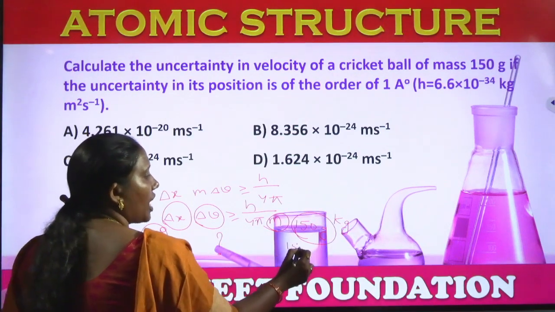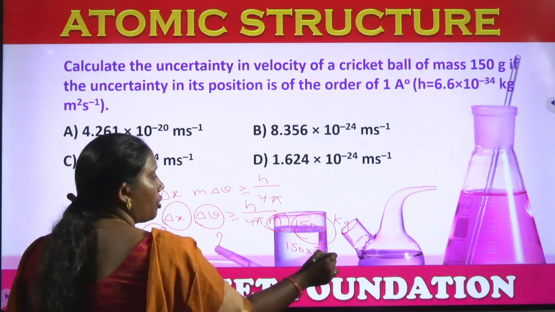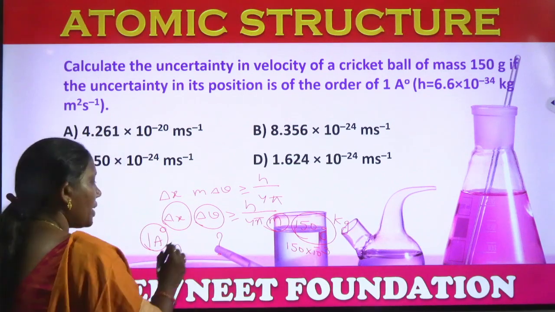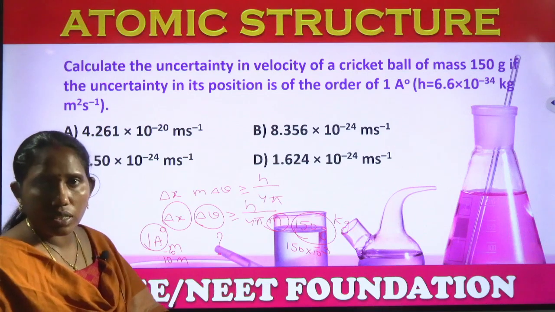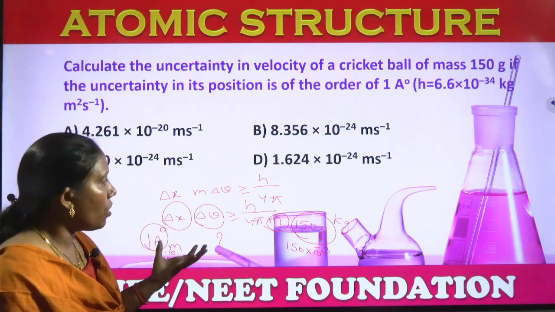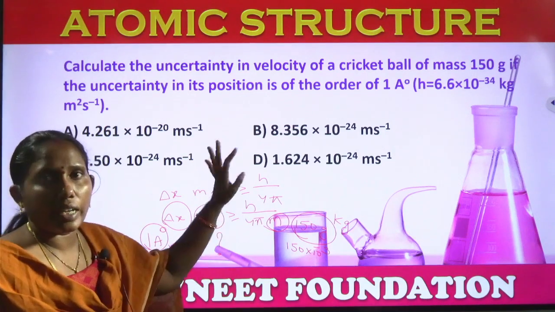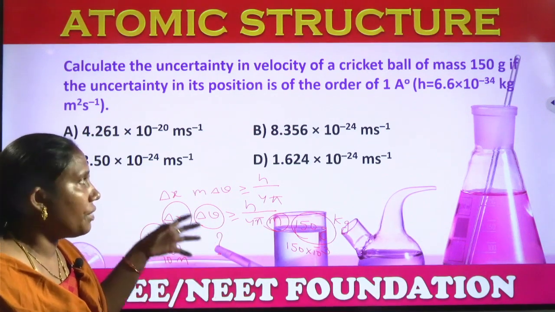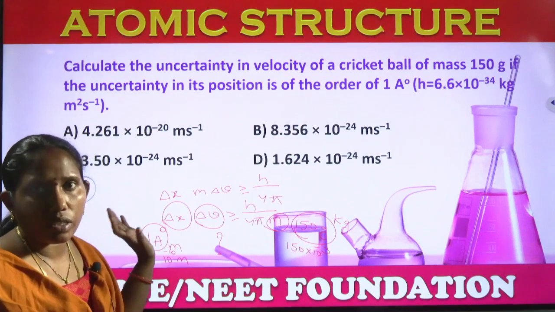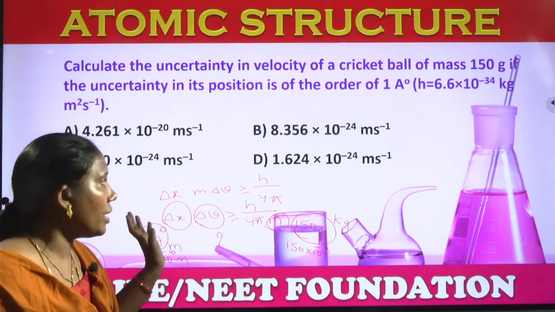So 150 grams converts into 150 into 10 to the power of minus 3 kg, and 1 angstrom in meters is 10 to the power of minus 10 meters, isn't it? Then we substitute and find the answer. This is the way of using the given data and the formula. Then you can substitute everything and write it down.